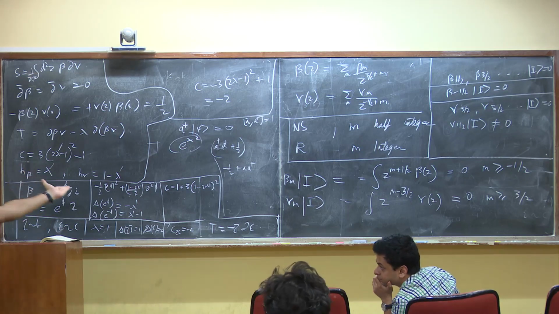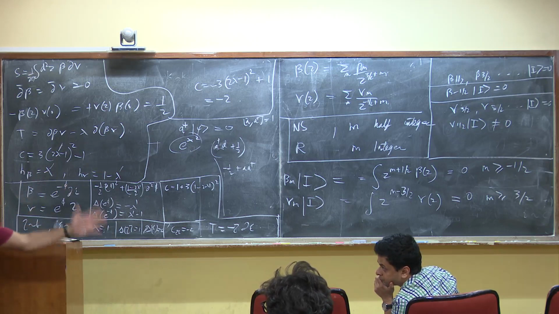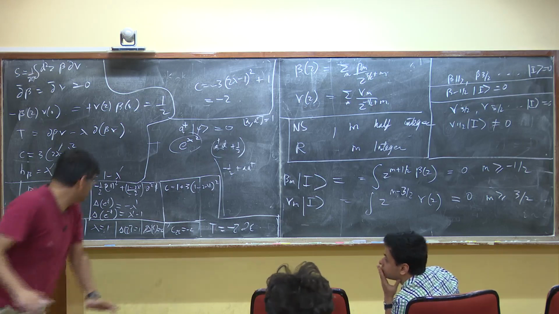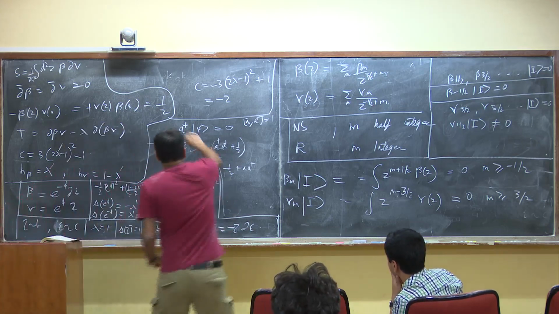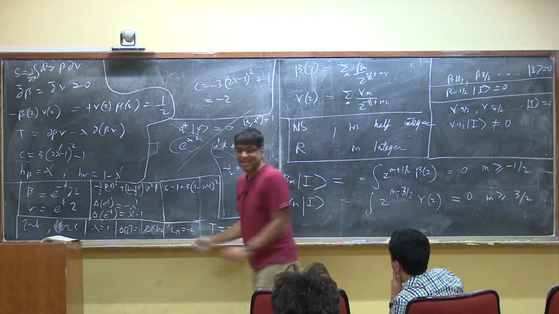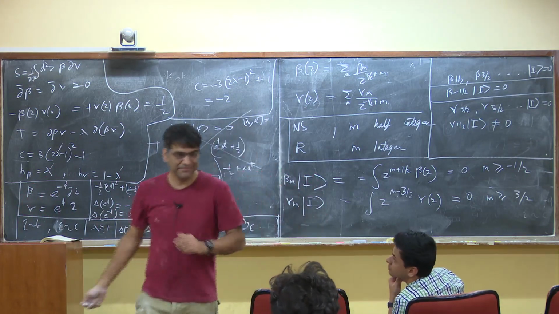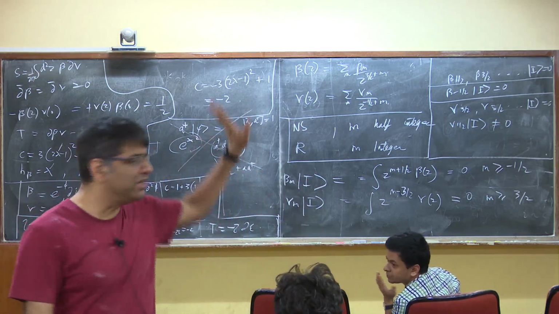That is not a state in the Hilbert space. It grows too fast at infinity. If you allow such things, you will allow arbitrarily negative energy states in quantum field theory. This is not really a state in the Hilbert space. I want to emphasize that despite this, we're going to use this formalism.